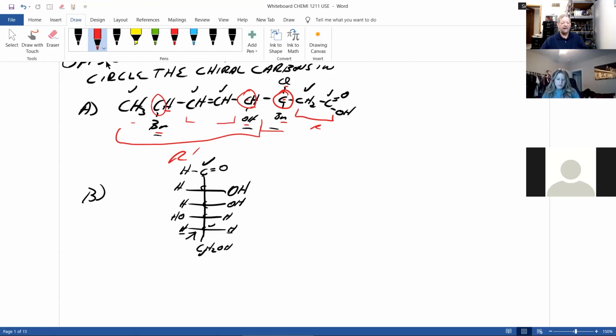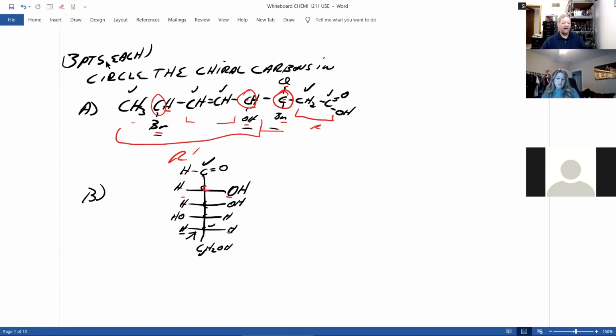This carbon right here has hydroxyl, hydrogen, R group, R prime, four different groups. Next carbon: hydrogen, hydroxyl, R and R prime, four different groups. And the last one, same thing: hydrogen, hydroxyl, R and R prime, four different groups. And that's how you circle the chiral carbons.